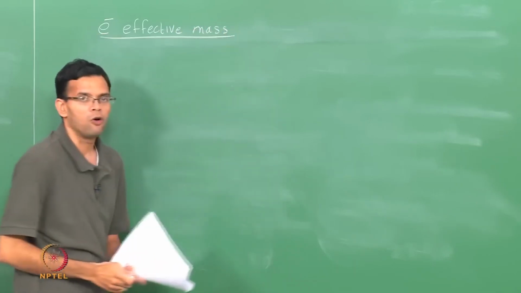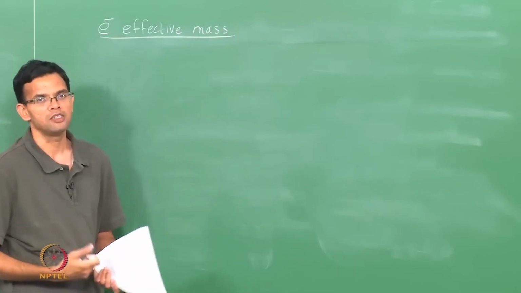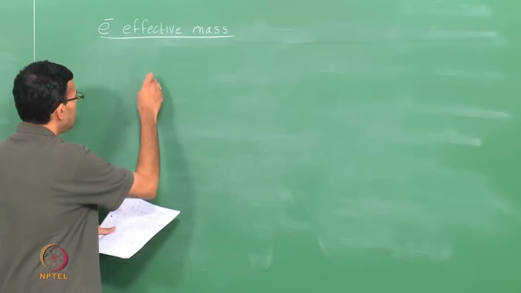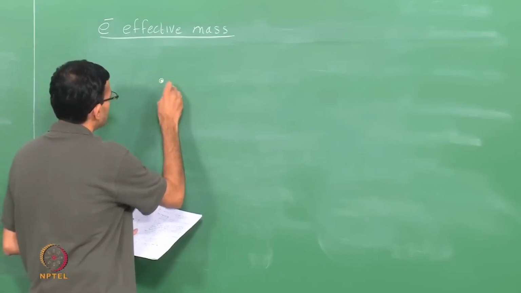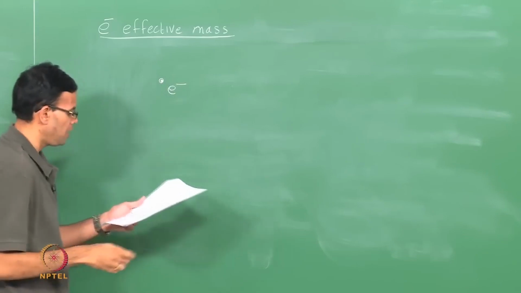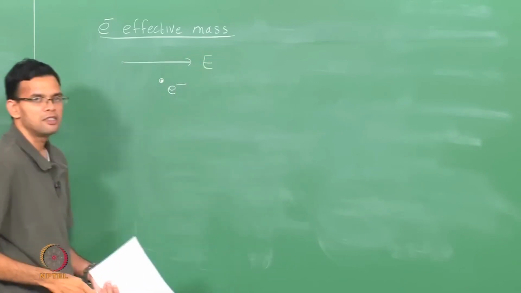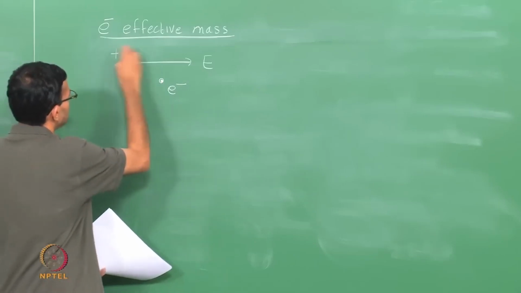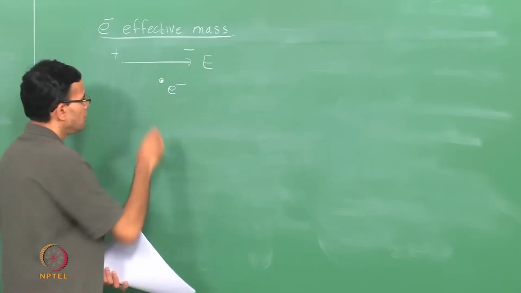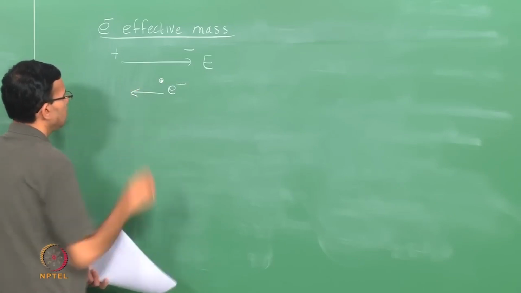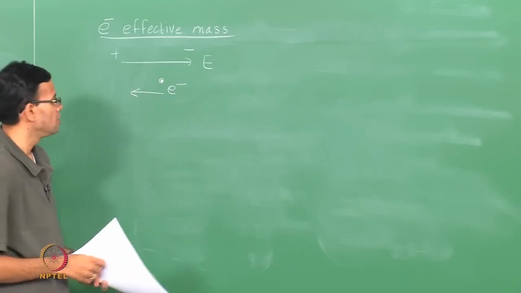You also have a hole effective mass, but the argument is very similar. Let us say you have a free electron, or an electron in free space, and you apply an electric field E. The electric field usually goes from positive to negative, so the electron travels in the direction opposite to the field.